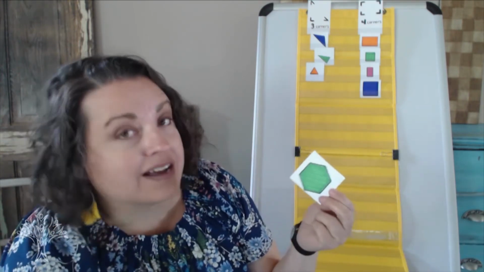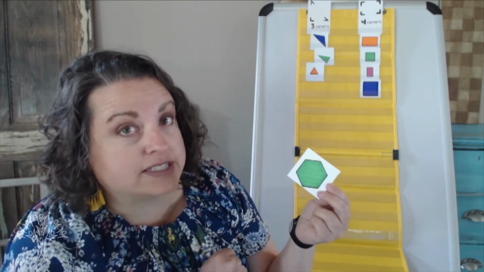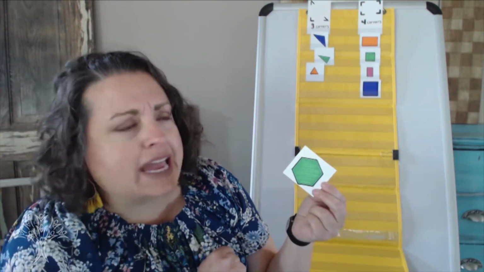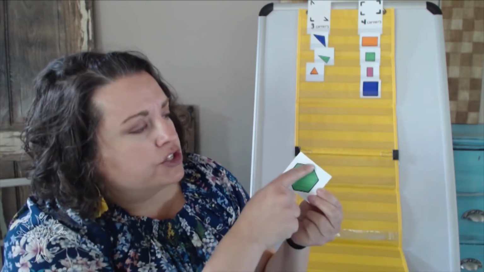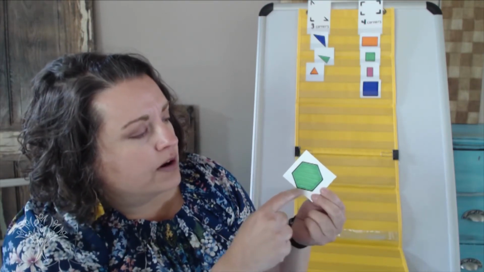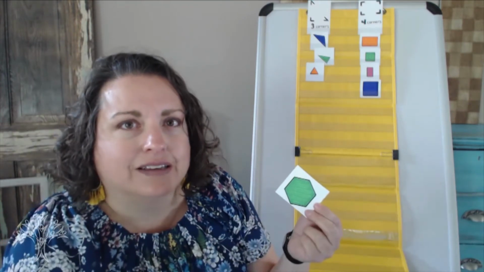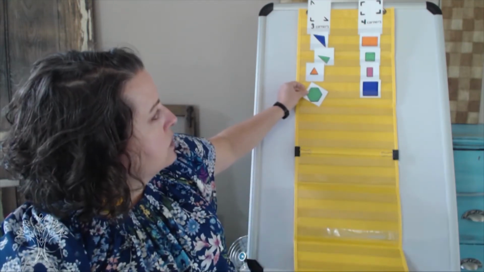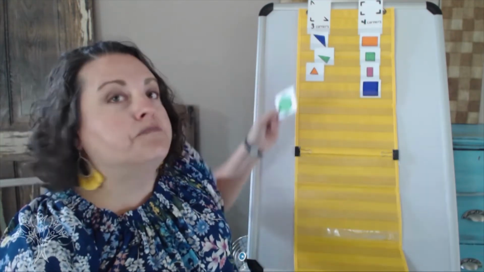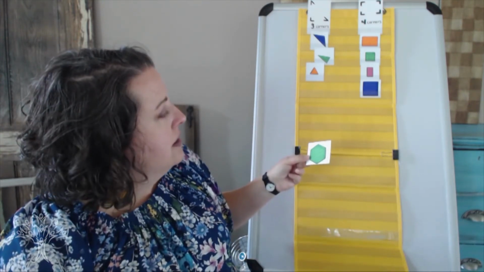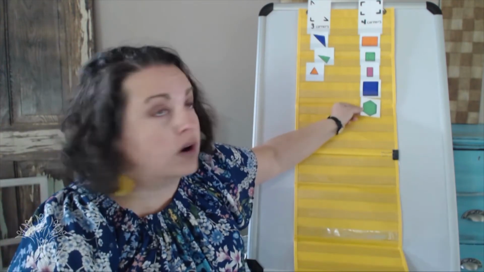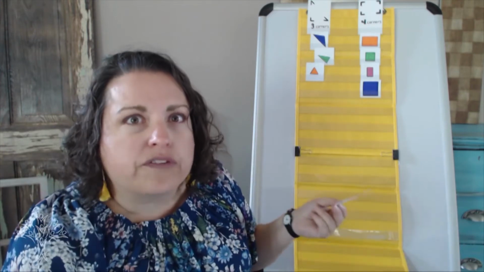This is a hexagon and it does have 6 vertices or 6 corners. Let's count those corners. 1, 2, 3, 4, 5, 6. That presents us with a little bit of a challenge. I can't put it in 3 corners because it has more than 3 corners. I can't put it over here in 4 corners because it has more than 4 corners. What could we do?